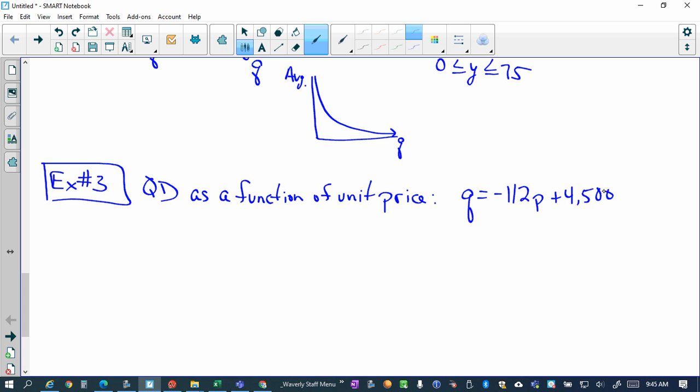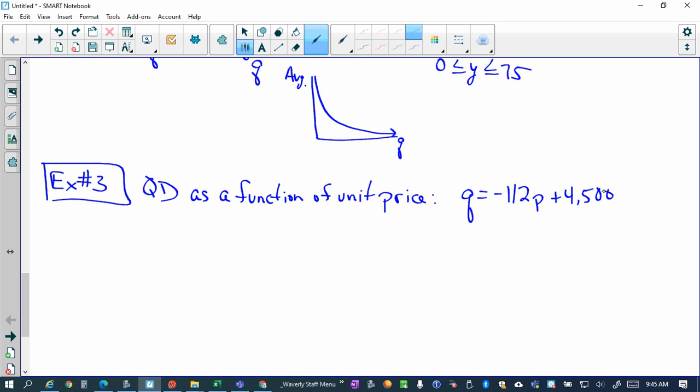And remember, for a demand function, it makes sense for that rate of change to be negative, right? Because as price increases, what happens to the demand? It goes down. We did that one earlier, okay? Now, they also have an expense function.